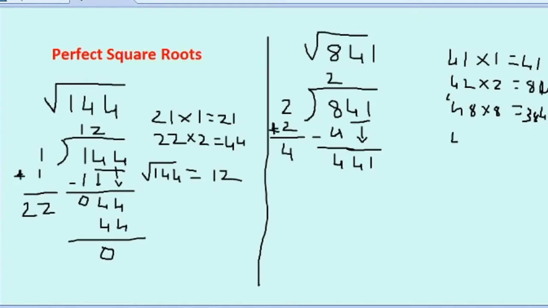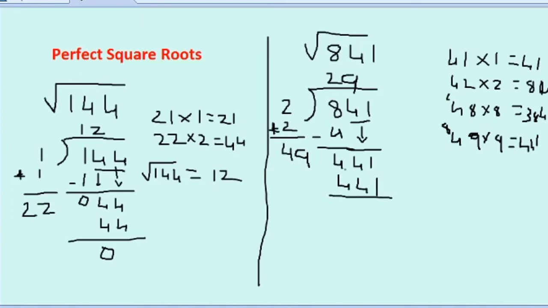So I will write 49. 49 into 9 I have to write here. 49 into 9 will be, 9 nines are 81. 1 and carry 8 here. 9 fours are 36. 36 plus 8 is 44. So we can write 9 in both the places. 9 here also and 9 here also.